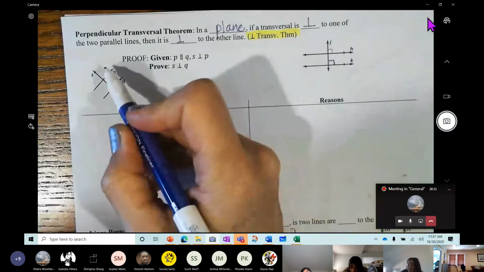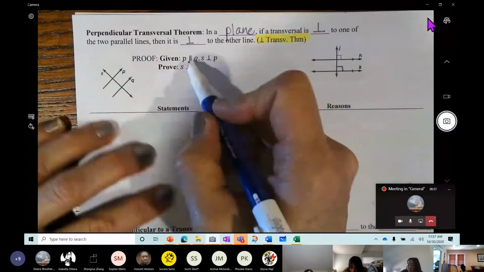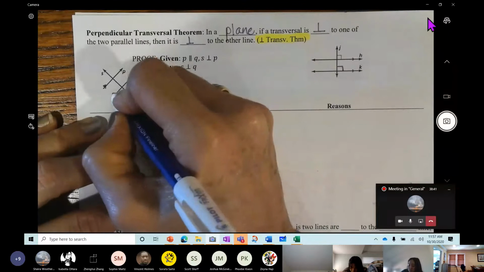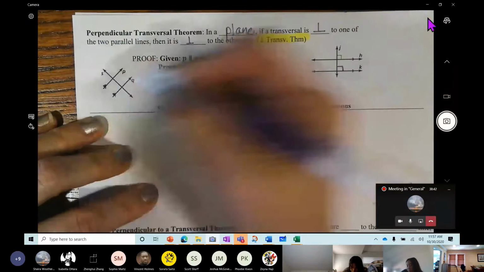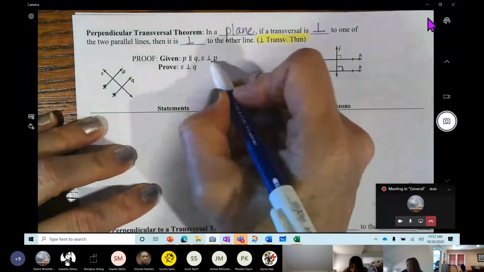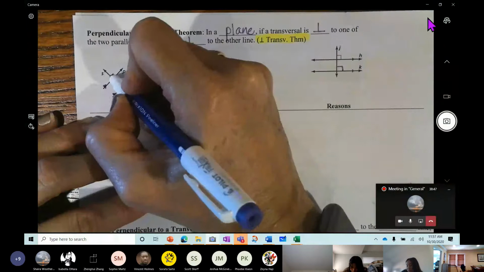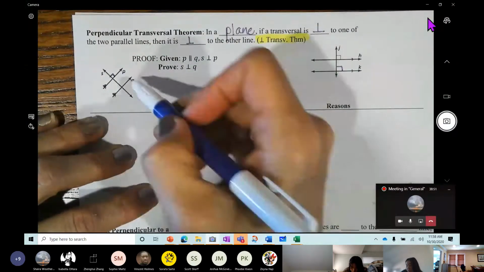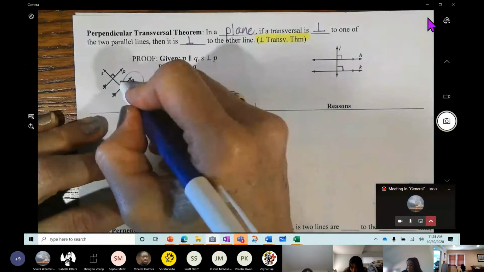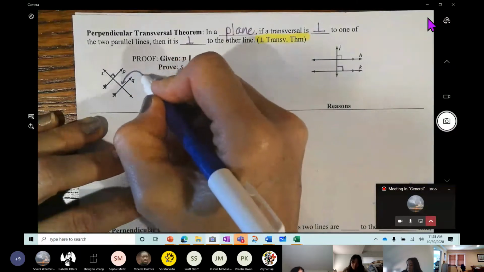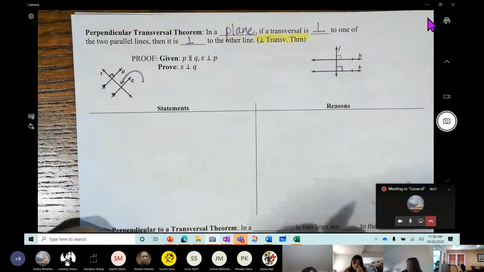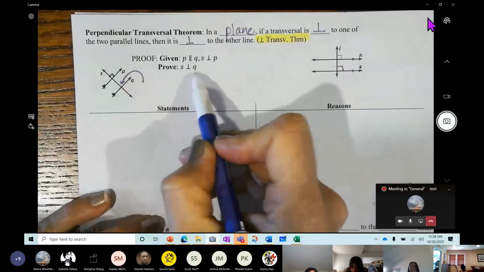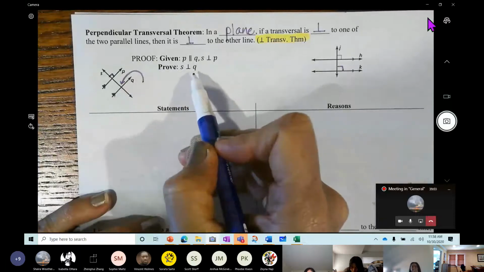Now here's our little picture. It's telling me that P is parallel to Q, so I'm going to do my little parallel symbols. And it also says S is perpendicular to P, so I get this for free. And what I want to show is that that's perpendicular. Again, what do I need here to show that S is perpendicular to Q?